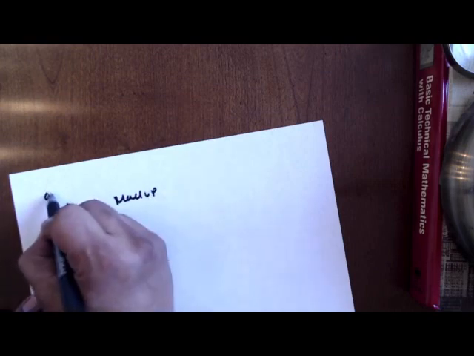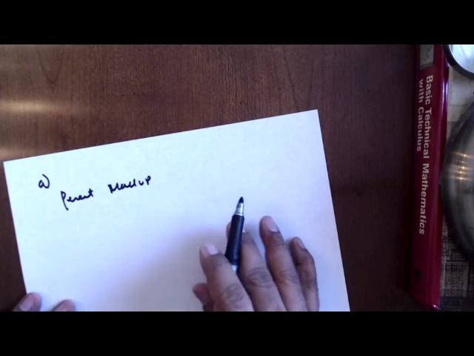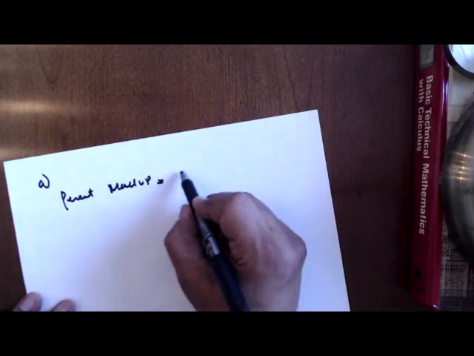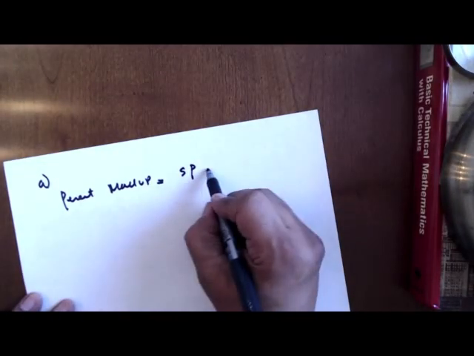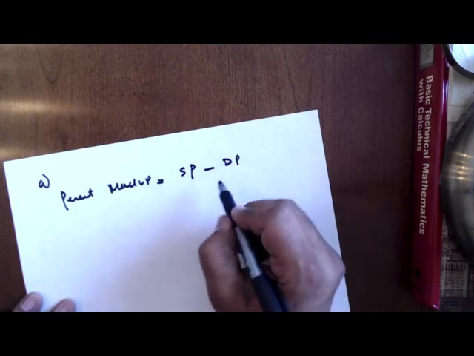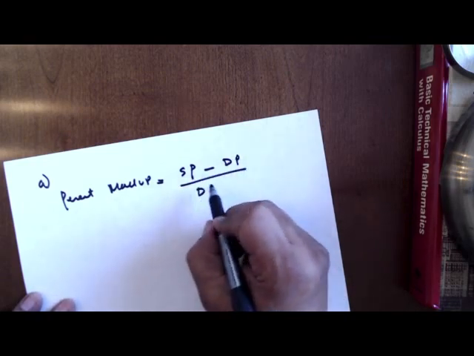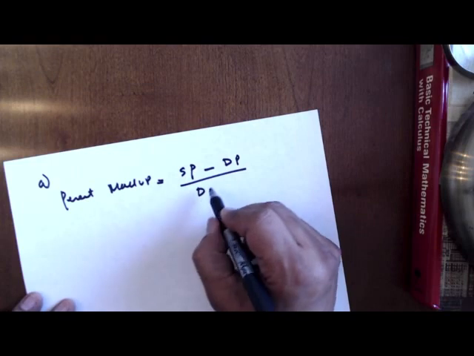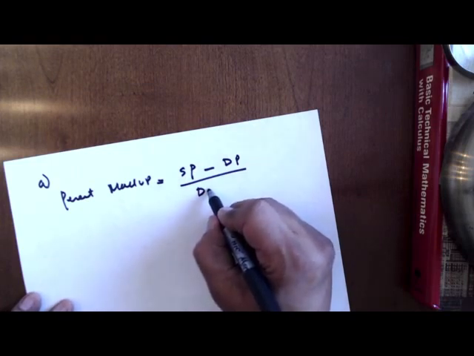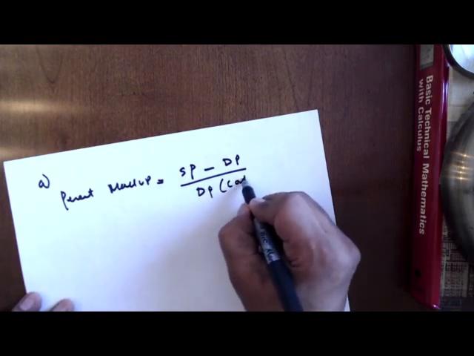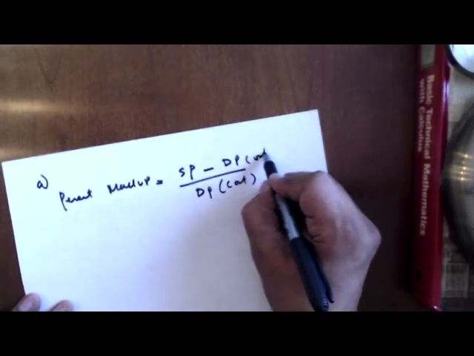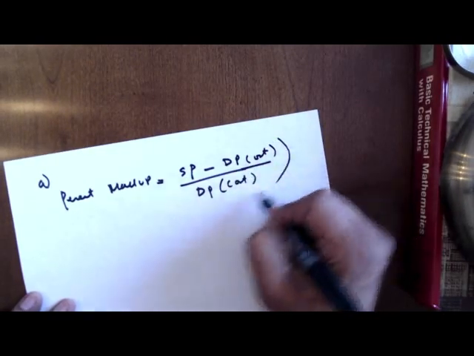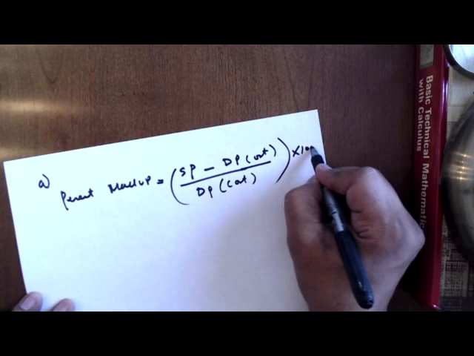This is part A, and it's equal to the selling price minus the dealer's price over the dealer's price, or cost, and all this multiplied by 100%.